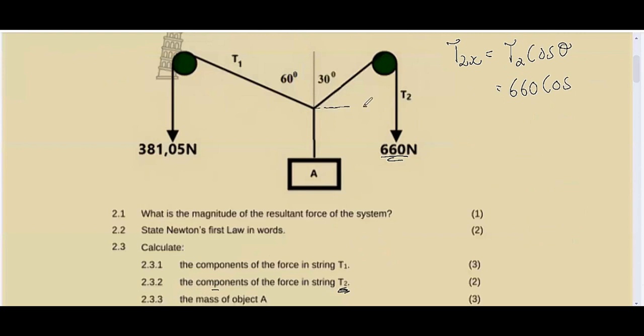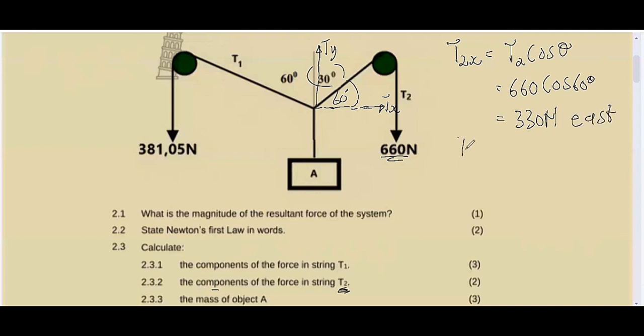The angle that we are supposed to use, remember it's not 30, is 60 degrees. Then if we punch that in our calculator, we have 330 newtons. But then remember, if we are to resolve this, we have our Tx over this side, and then we have our Ty up there, right? Then this should be 330 Newton east.